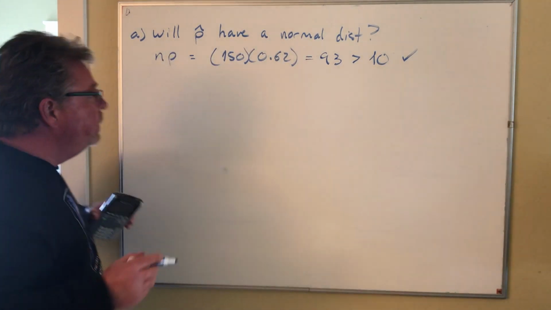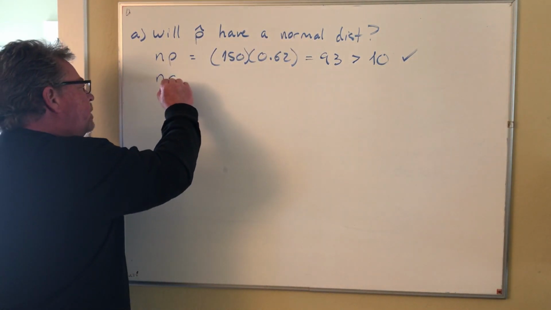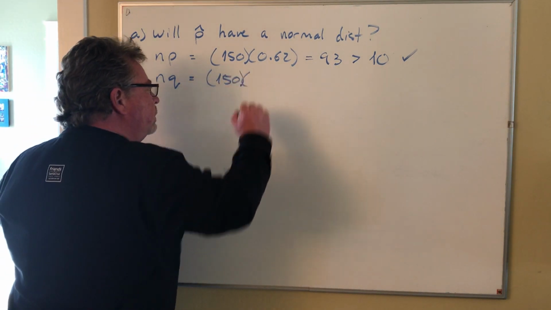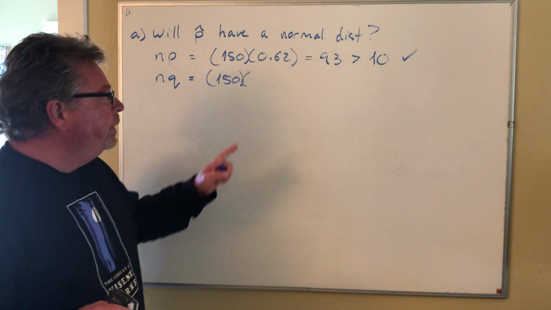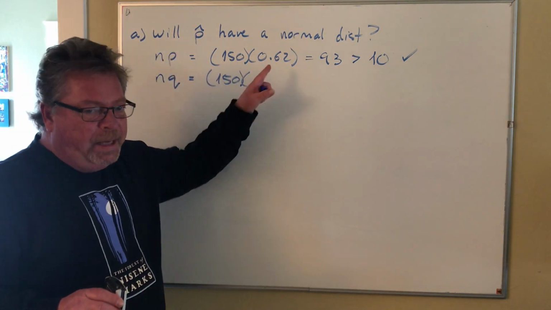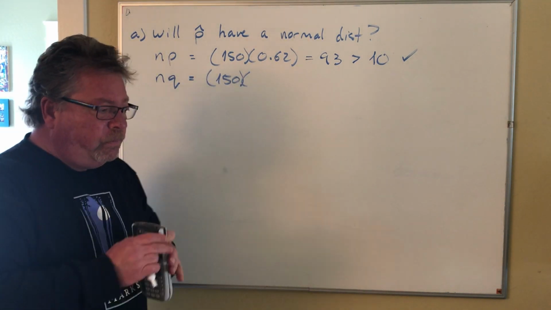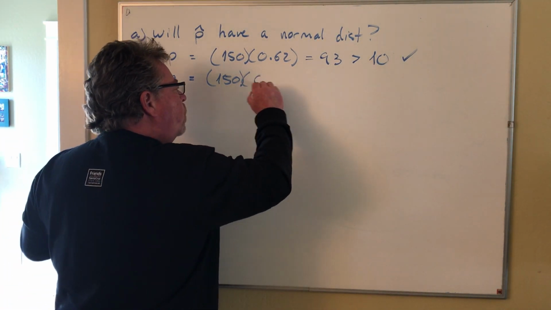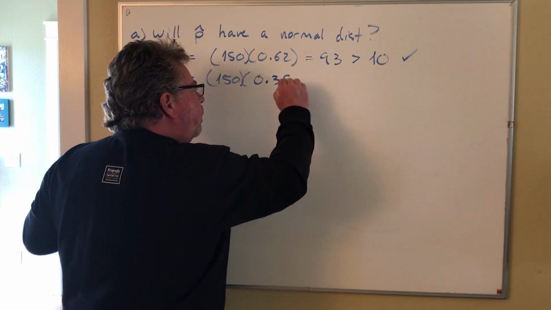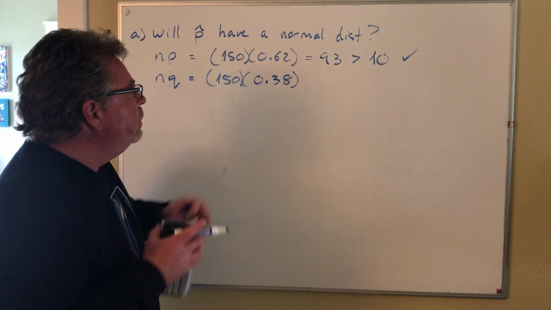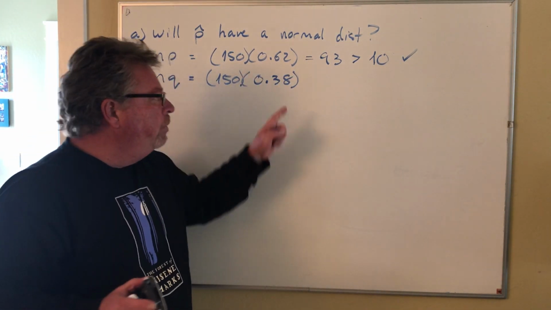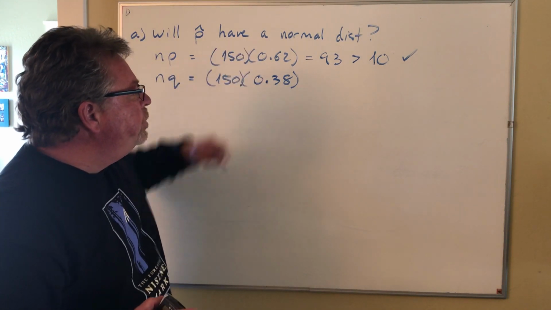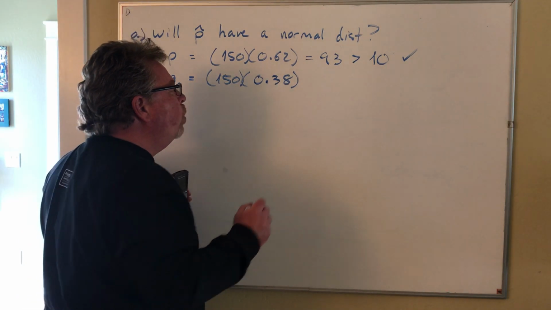But we also have to check the other condition. We have to look at n times q, which is 150 times. Now make sure that this is clear. If p is 62%, and that's the percentage that have a part-time job, what's q? It's 0.38. So if 62% have a part-time job, 38% don't, these two percentages or proportions have to add up to 1.